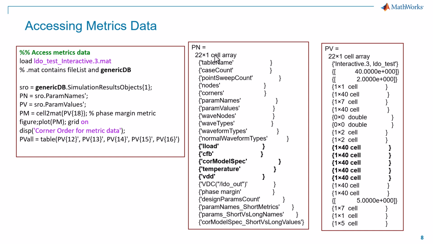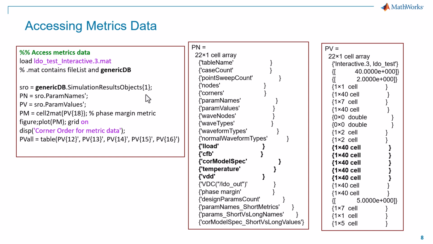It could be a phase margin, as we have here, a slew rate, rise time, delay, settling time, lock time if it's a PLL, overshoot, just anything. There's no limit to what you could compute. And of course, you are computing these metrics across many corners. So when we look at the data and how it's stored, you're going to see a lot more variables, a lot more fields.